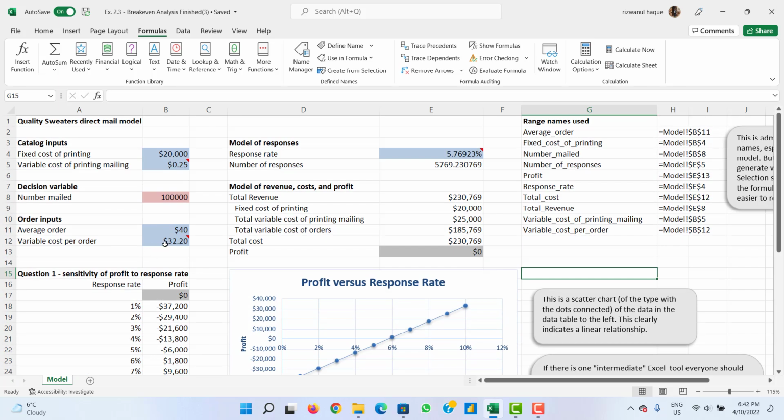Your variable cost per order almost cannot change, because you know what raw material is needed per order, and your average sale price is also fixed, so it actually depends on your response rate. The more people buy from your mail, the more your profit will be.